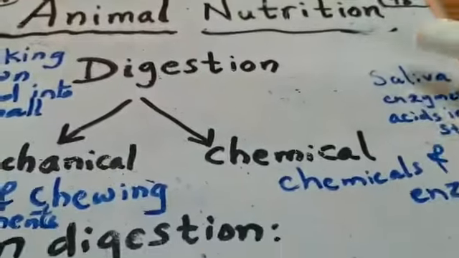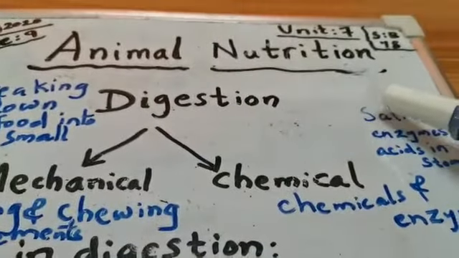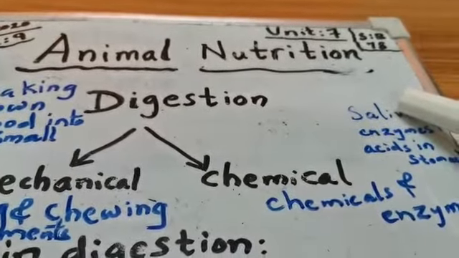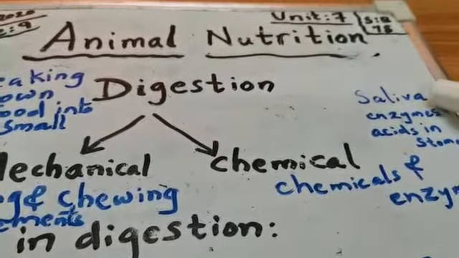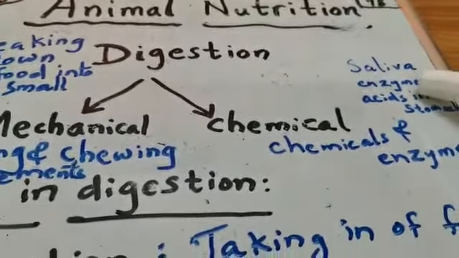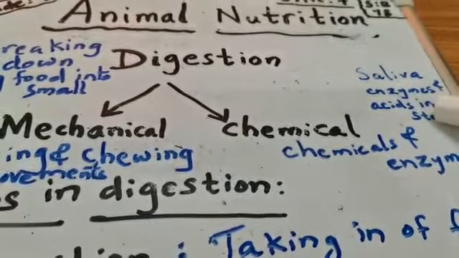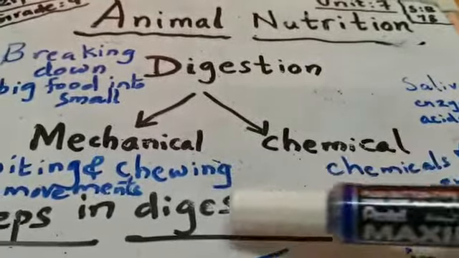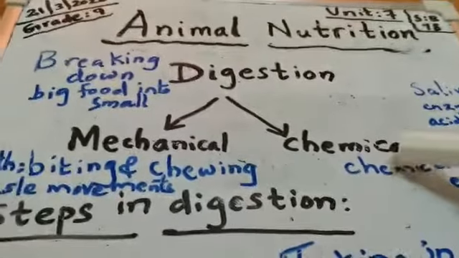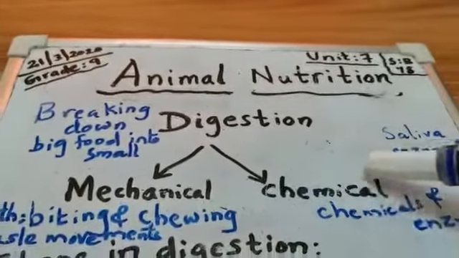For example, saliva in your mouth, and enzymes and acids in the stomach. Saliva, enzymes and acids, all these we can say are chemicals.